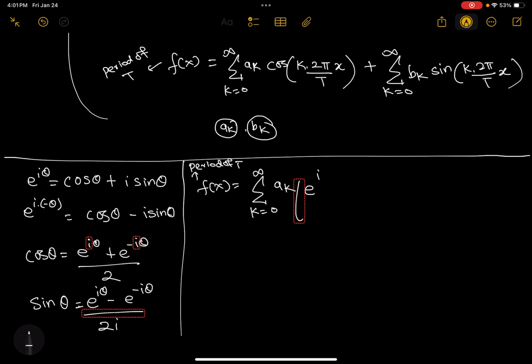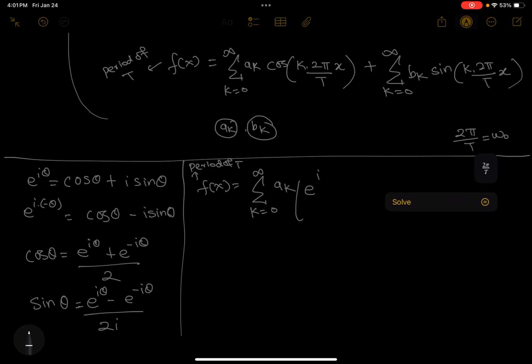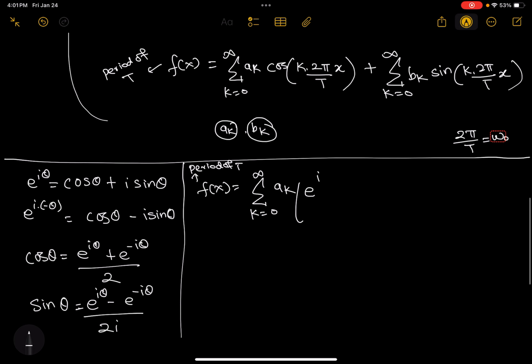For the sake of simplicity, let us define 2 pi by t to be omega naught. This omega naught is the angular frequency, which relates to the amount of time it takes to make a rotation of 2 pi. So let's replace that by omega naught for simplicity, because it takes a lot of space otherwise.